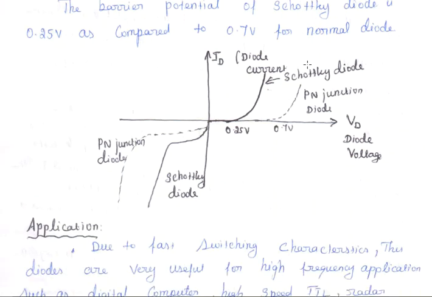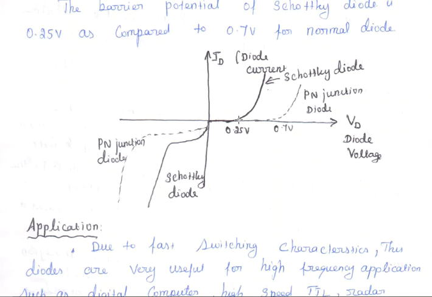This is the forward characteristics of Schottky diode, and this is the reverse bias characteristics of Schottky diode. The dotted line shows the normal PN, that is conventional PN junction diode, forward and reverse characteristics. So this is the cutoff voltage for PN junction diode, and this is the cutoff region for Schottky diode.